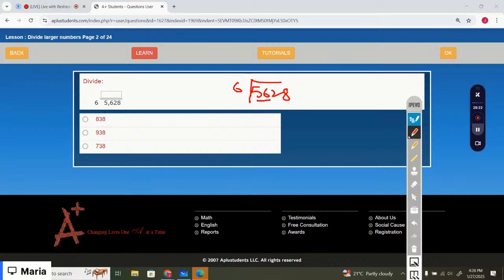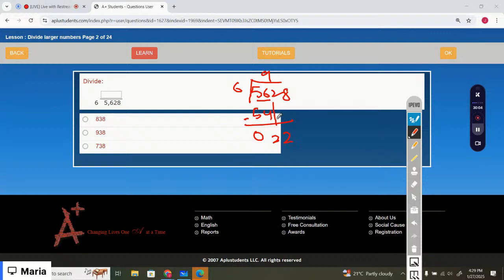So which number can we go for, 6 times what number? 6 times 9 is 54. So 56 take away 54 is 2. 5 take away 5 is 0.